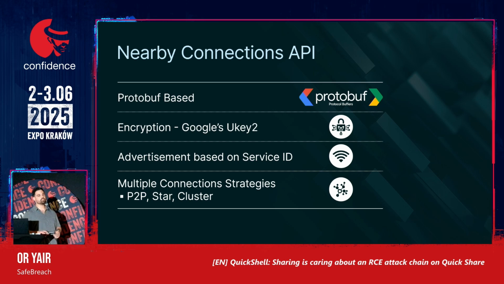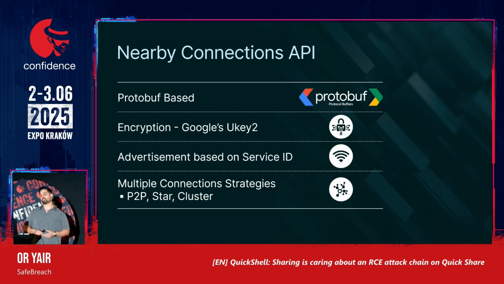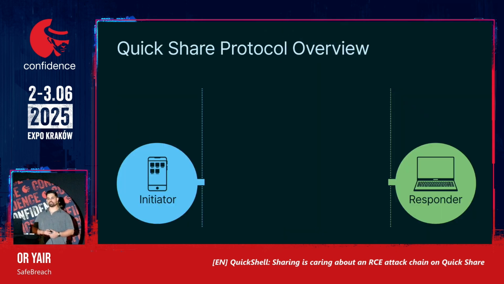For encryption, it uses Google's library called UKey2. In order to distinguish between each app that uses Nearby Connections API, each app advertises its own service ID, and there are multiple connection strategies. We are going to focus on the peer-to-peer strategy, which is the one that Quickshare uses.